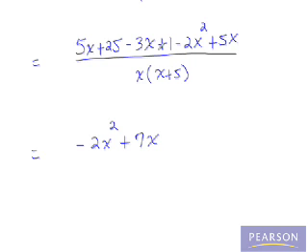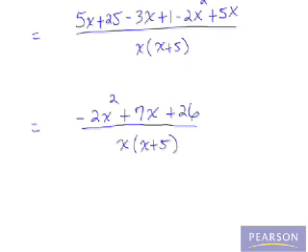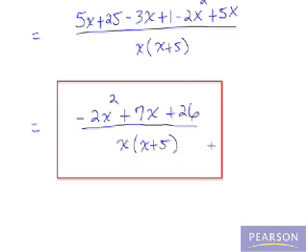And we have a plus 1 and a plus 25, giving us positive 26, all over our denominator of x times x plus 5. And the numerator cannot be factored in a way that would have anything cancel out common factors with the denominator. So our final answer would be negative 2x squared plus 7x plus 26 over x times x plus 5.